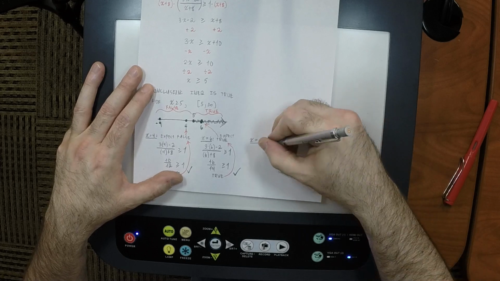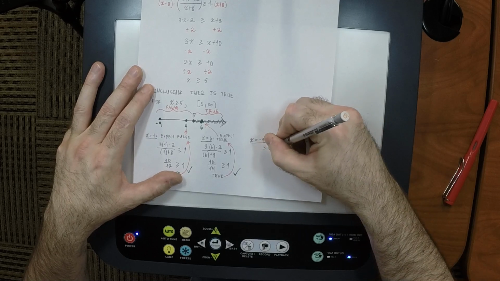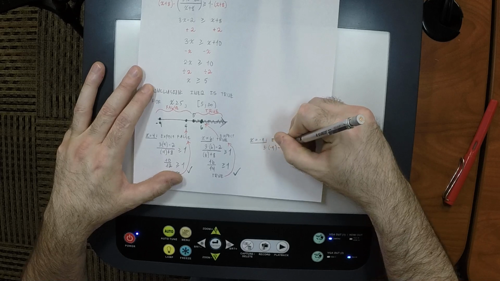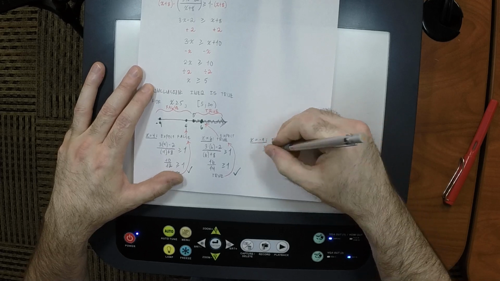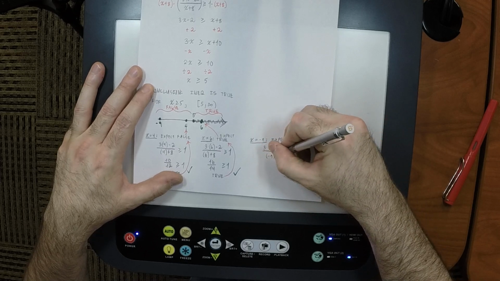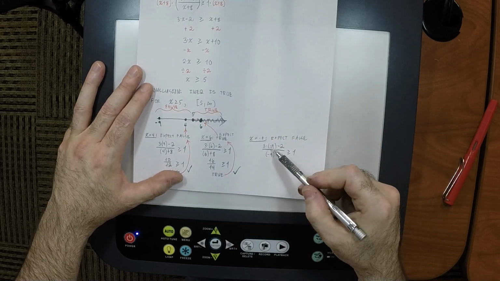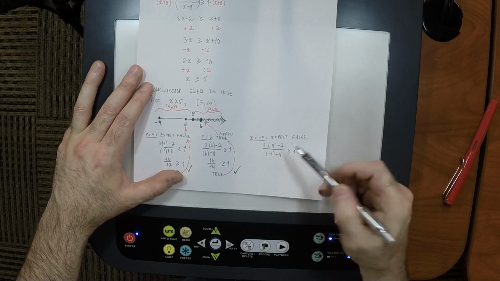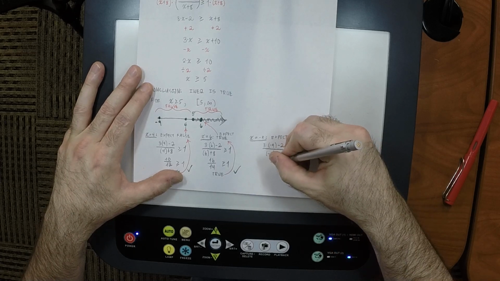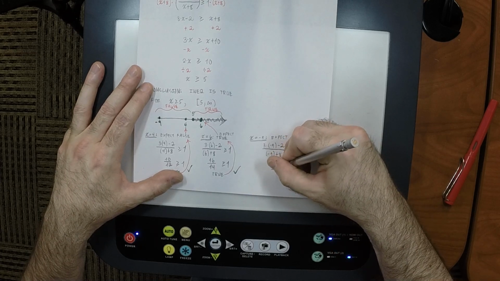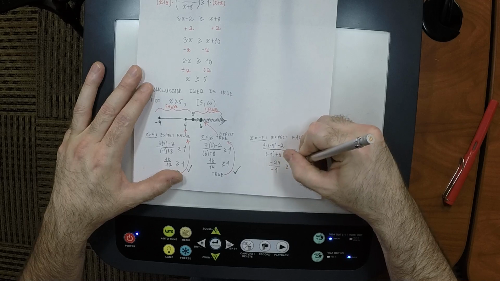All right. So 3 multiplied by -9, subtract 2, over -9 plus 8, greater than or equal to 1. So that's -27, -29, over -1, greater than or equal to 1.